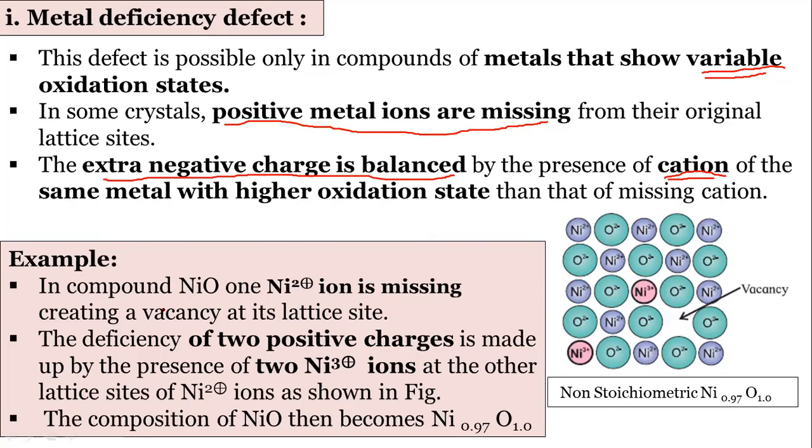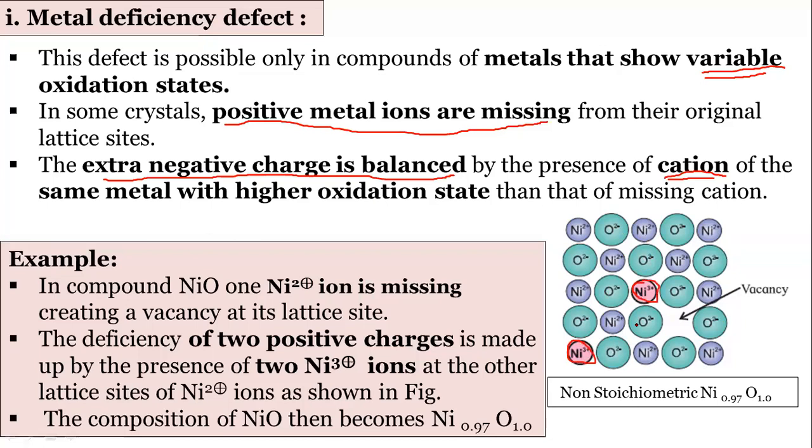See, we are going to take the example of NiO. This is a crystal of NiO. We can see here Ni2+, O2-, Ni2+, O2-, O2-, Ni2+, O2-. So this is the regular arrangement. But here we can see Ni3+ is there, and here also one Ni3+ is there.